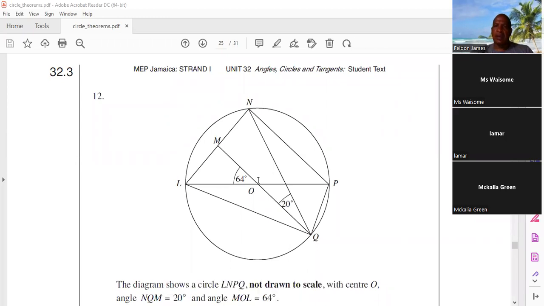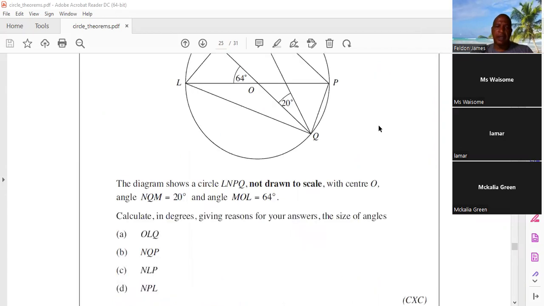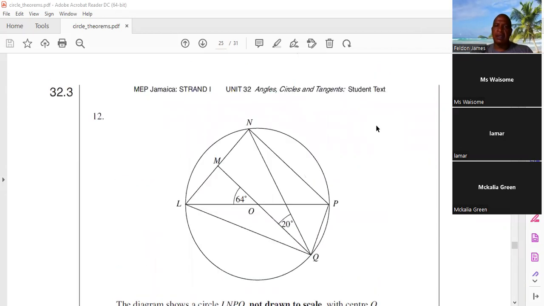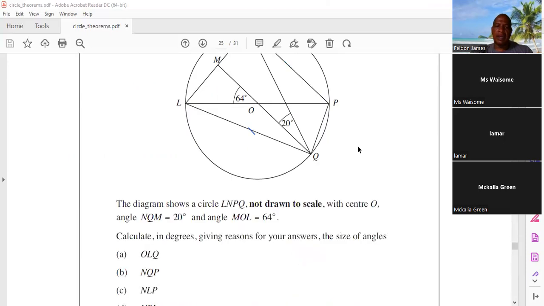So we were trying to calculate just now angle. Just let me confirm NLP. So let me highlight that. So angle NLP. I think I have the wrong one there.